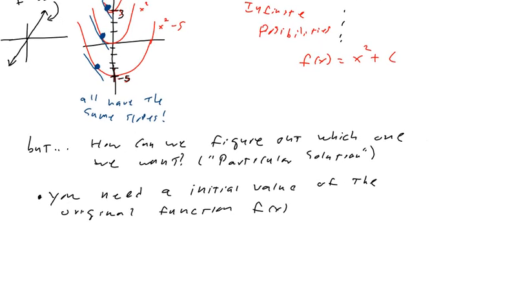We say it's f of, whatever letters, f of x. It's an initial value. We need it to equal some number. We need some initial value equation: f of a equals some particular number. We need some input, and it gives us an answer.